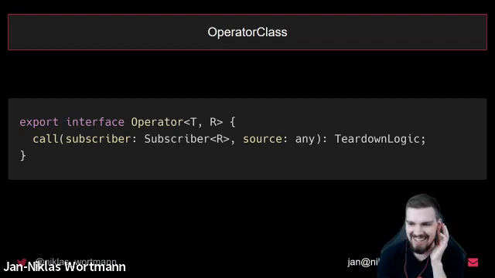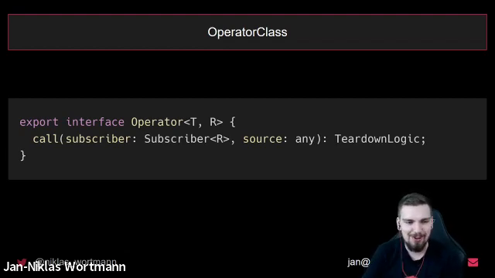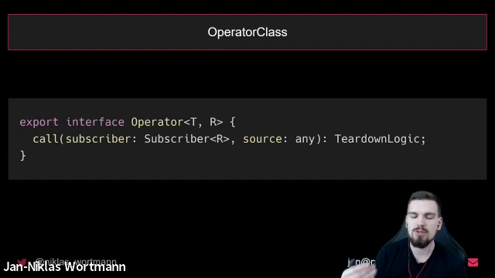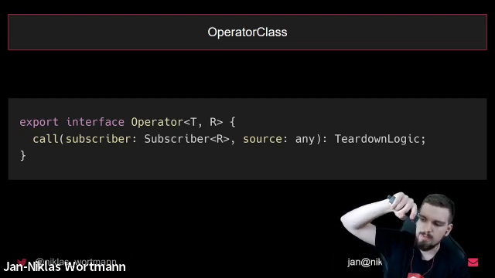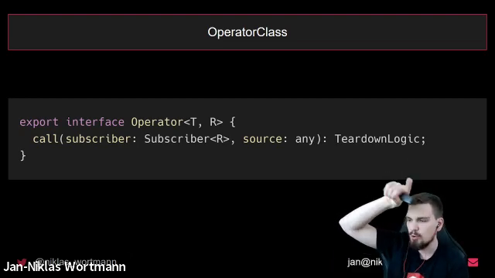It's really weird. I did not expect it the first time I looked in the code base. We specify this operator interface that just needs to implement a call method, and this call method is called inside the subscribe method by looking at this operator metadata property.